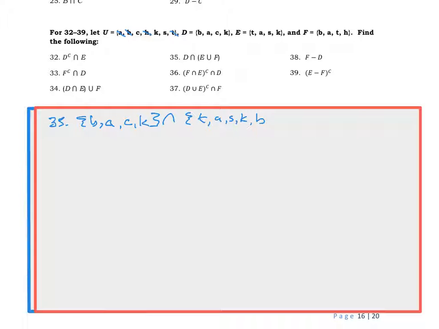We already have the T written. And then we have H. All right, so remember we wanted to look at the intersection. So it looks like we have the B, the A. I don't see a C there, and then the K. So I should just have the B and the A and the K.